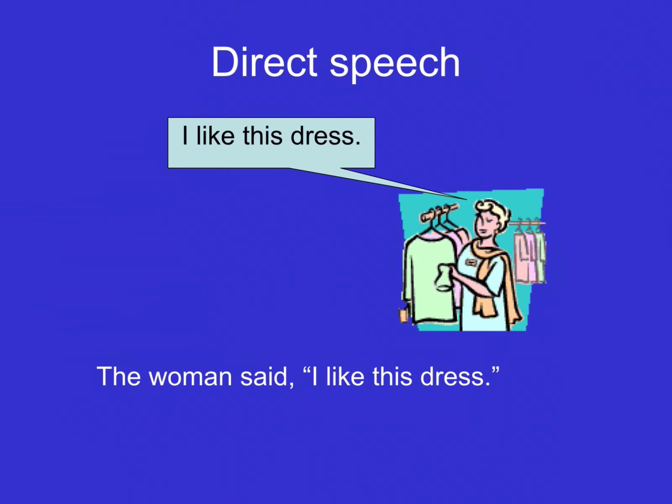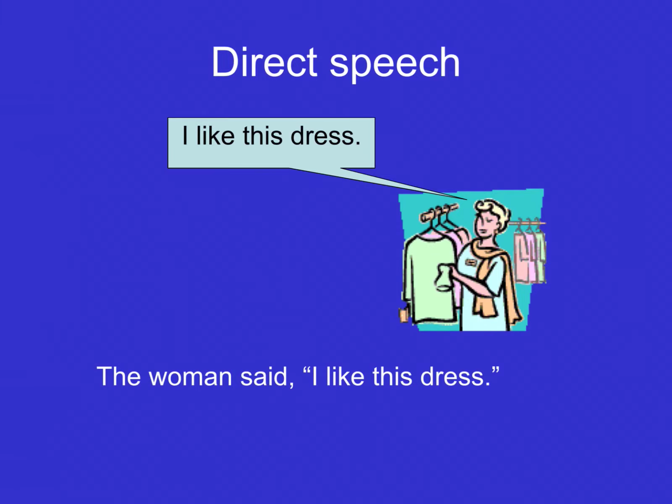Now we have a woman in that picture holding a dress, and she's saying something there. "I like the dress," showing that those are the words that came from the woman. Now, in this case, we're not starting with the words that were said. We're starting by telling the people who said the words. The woman said, comma.